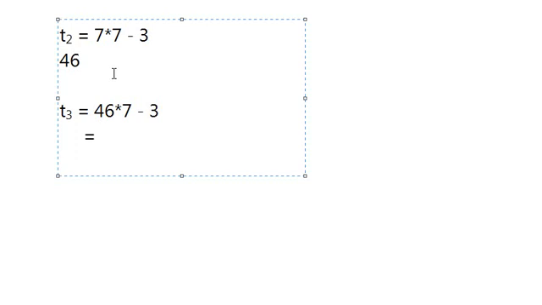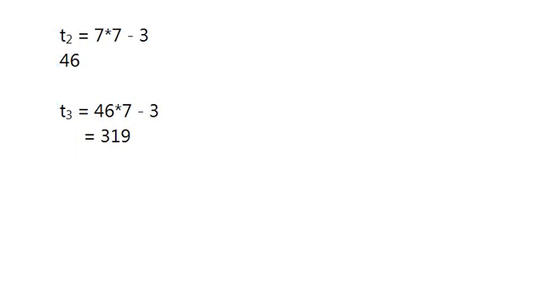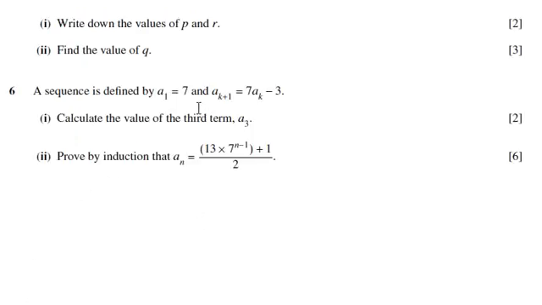Do not do mental math in the exam if you want to avoid any careless mistakes. So here, this is the answer. 319 is term 3. Okay, so now that's 2 marks, which is typical.